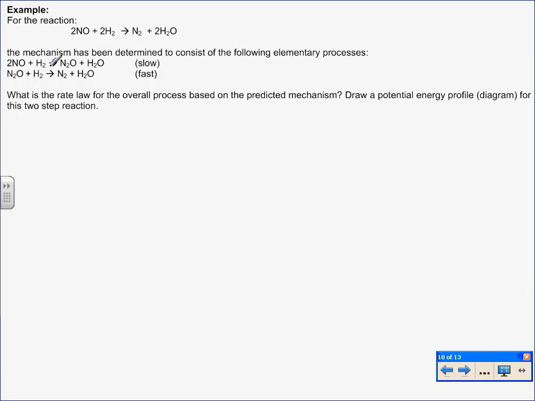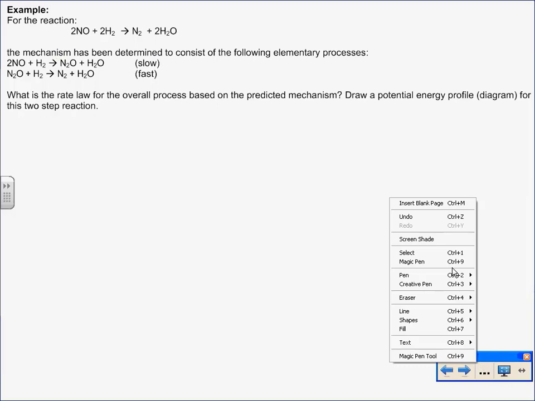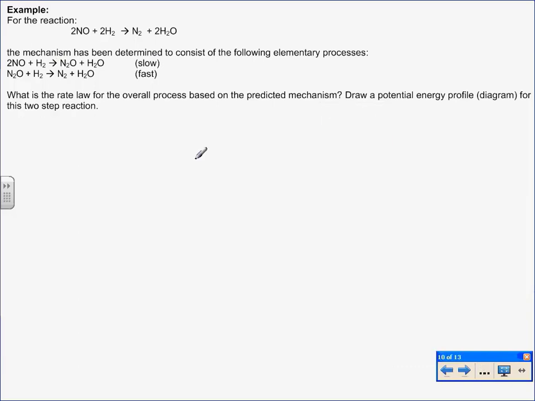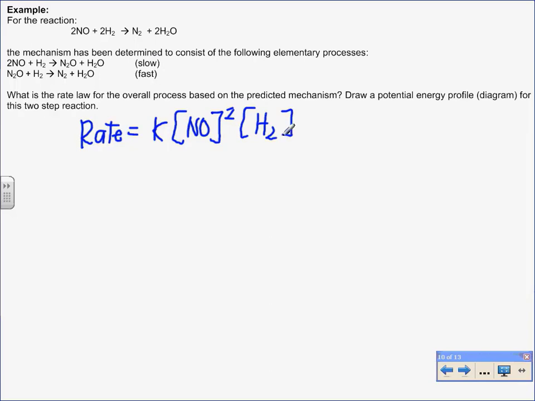So what that means is that the rate law is rate equals k times the concentration of NO squared times the concentration of H2.